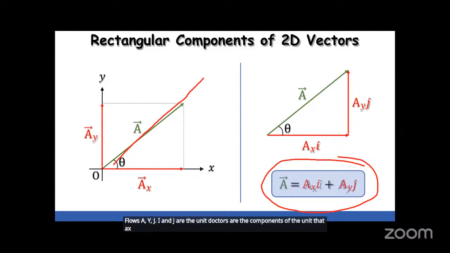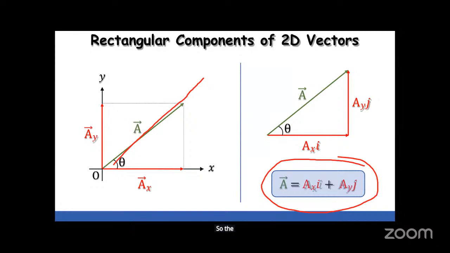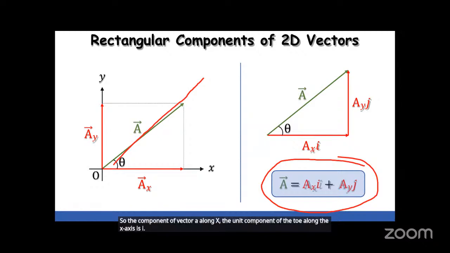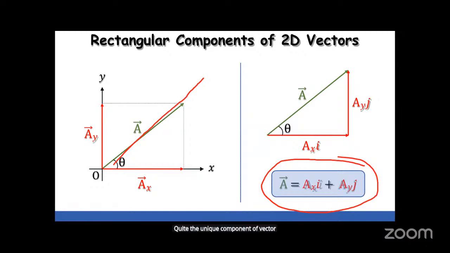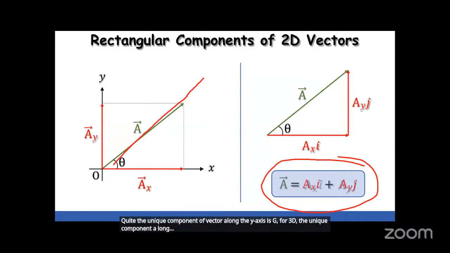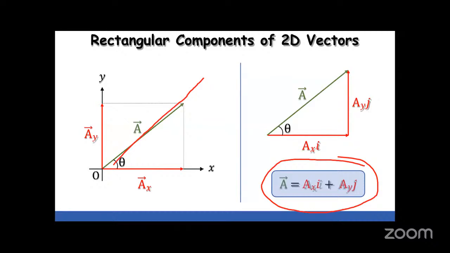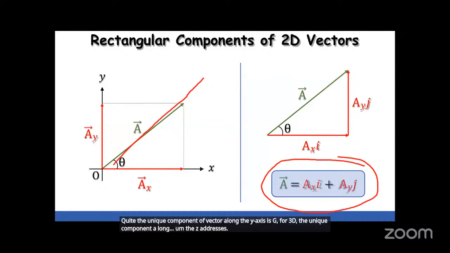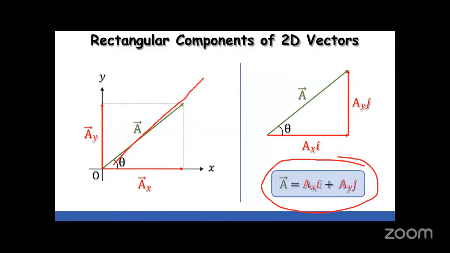The unit component of vector A along the X-axis is i, while the unit component of vector A along the Y-axis is j. And for 3D, the unit component of A along the Z-axis is k. So we'll get to that point later.